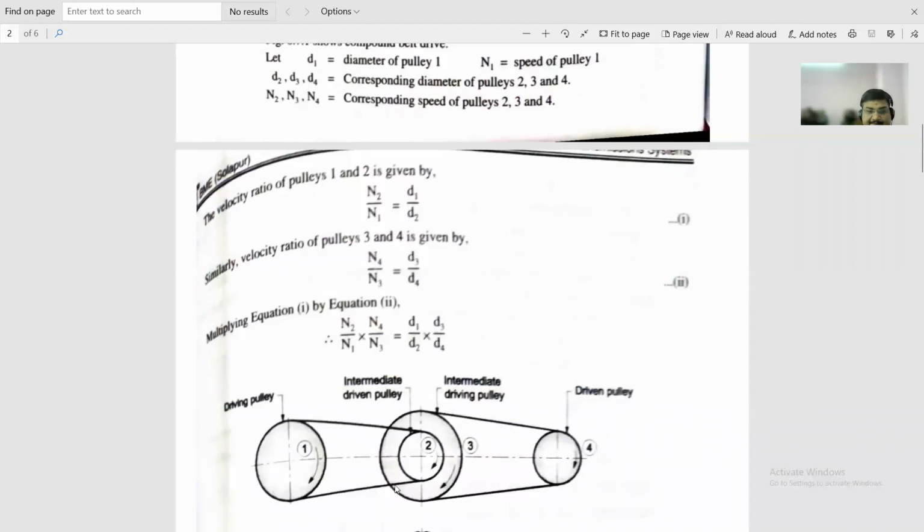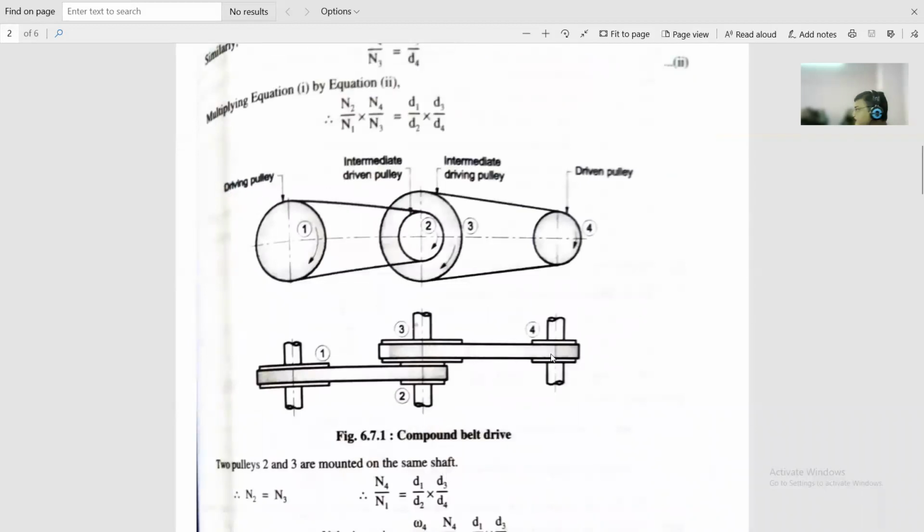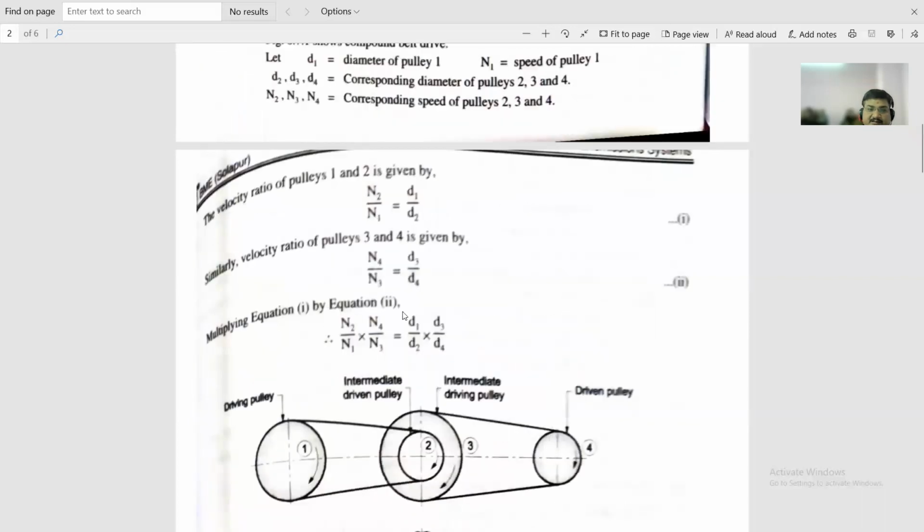Now similarly we will think about this for the third and fourth pulley. For the fourth pulley the driven, for the fourth pulley the third pulley is the driver. So N4 by N3 is equal to D3 by D4. Now we want to take a combined velocity ratio. So we will multiply this first and second equation. Now this is multiplied, correct.